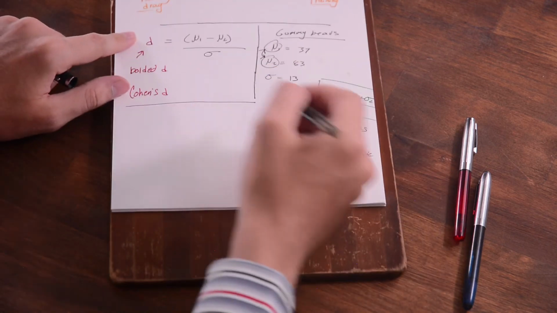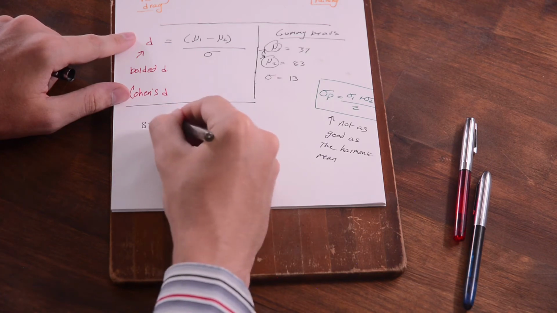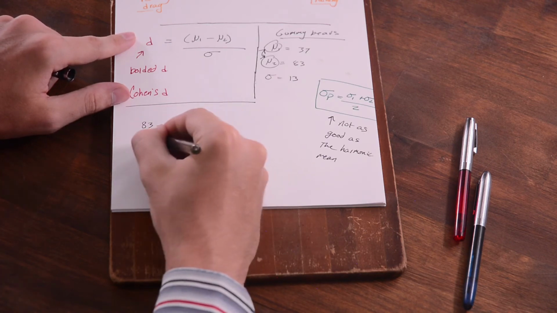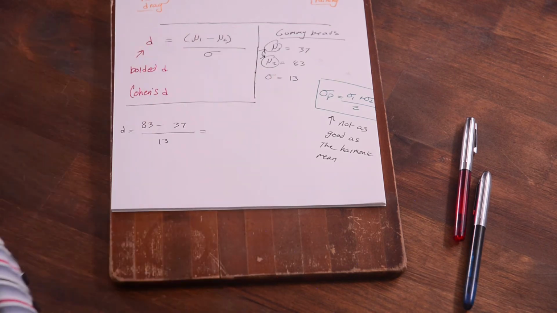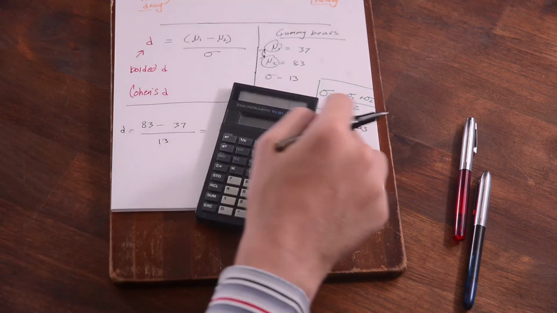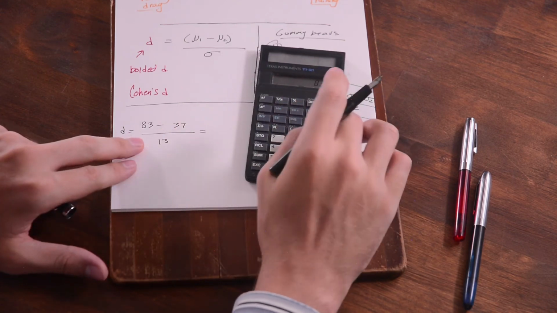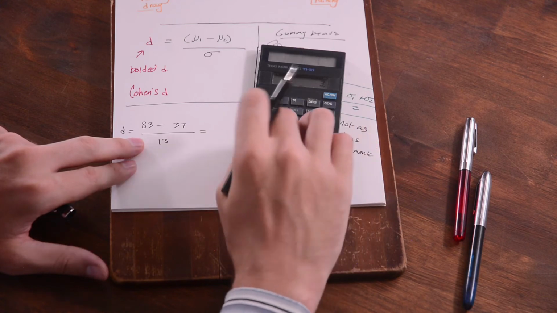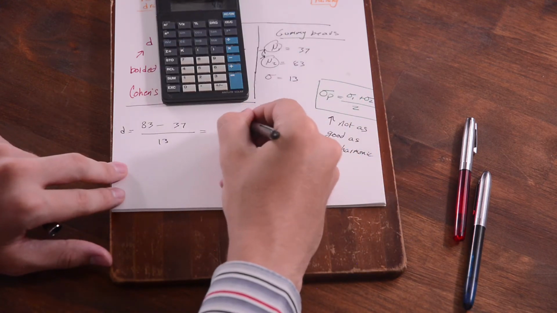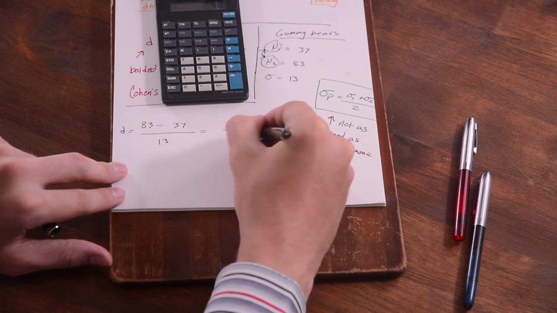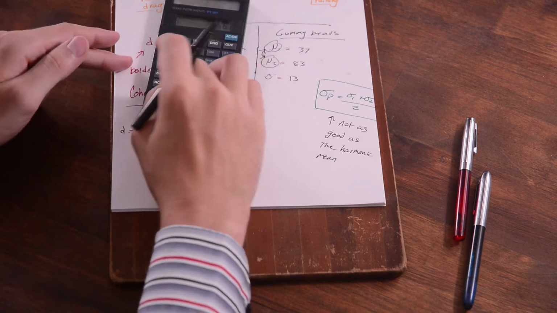So we're taking mu1 and mu2. Well, so that means we have 83 minus 37 over 13. Let's pull out a good old calculator to save all the extra brain power. 83 minus 37 is equal to 46 over 13. 46 divided by 13.